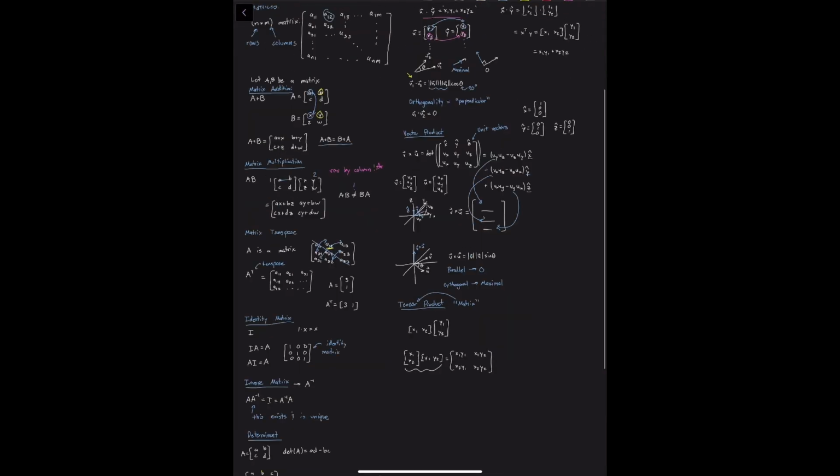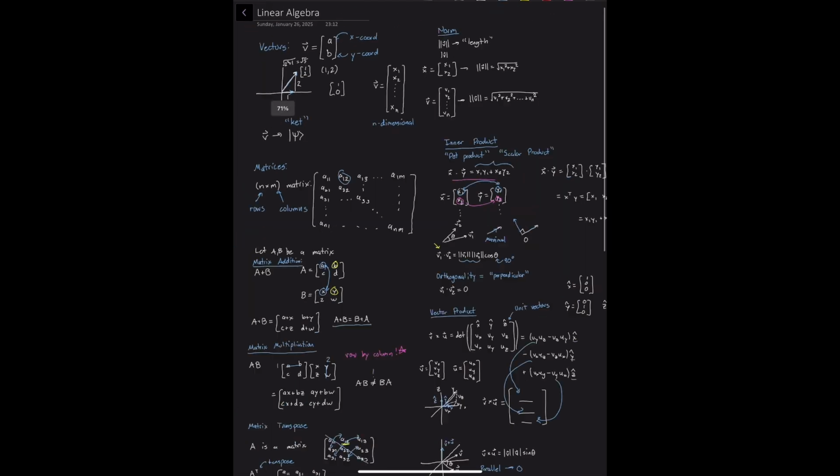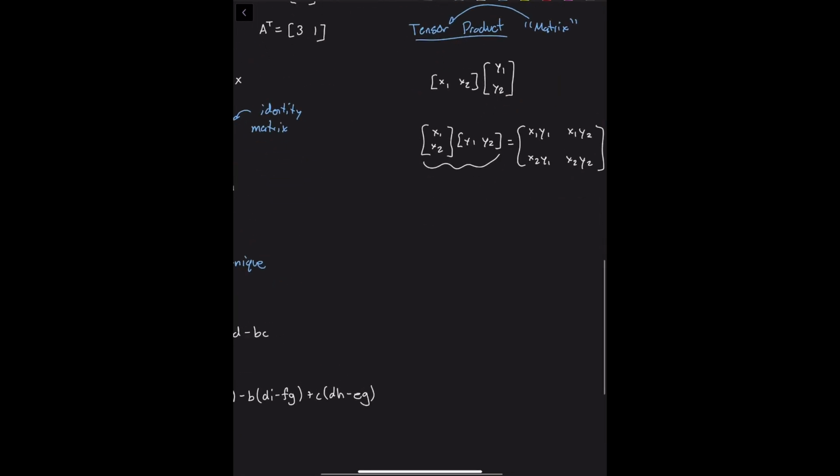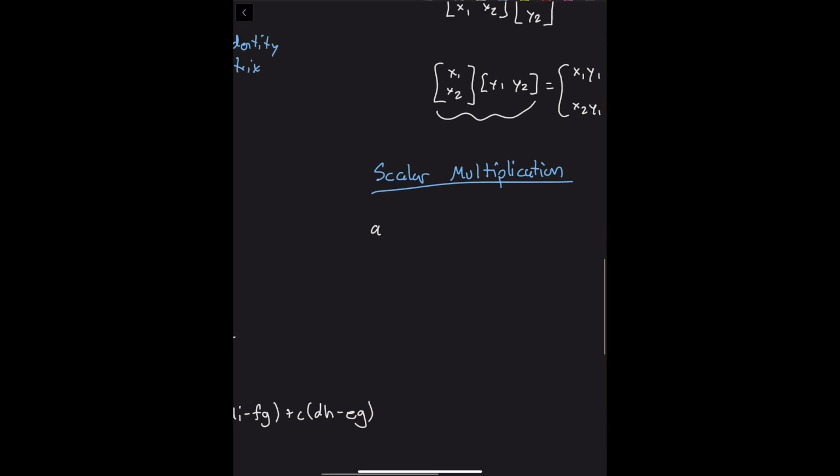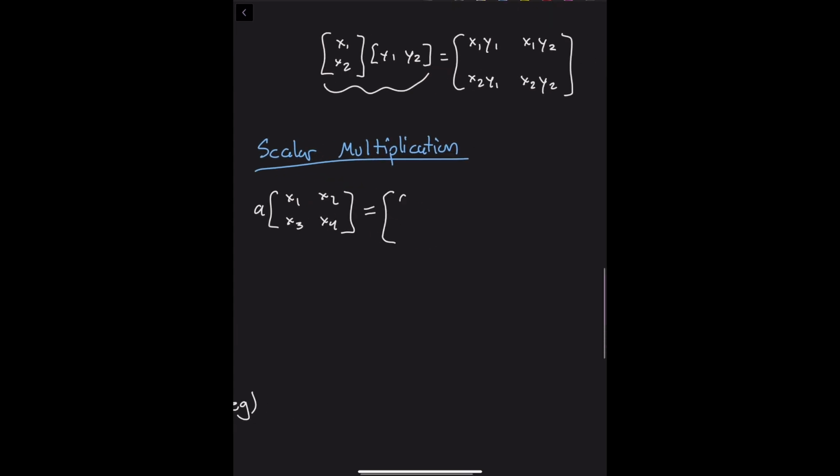I don't know if I ever mentioned scalar multiplication, did I? So, in matrix or vector scalar multiplication, if I put a scalar A in front of a matrix or a vector, this is just the same as multiplying each of those elements by that scalar.